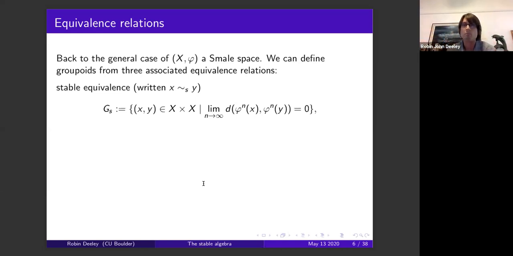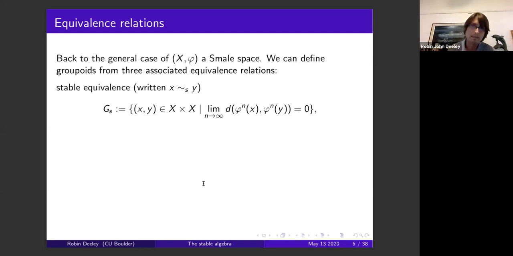Remember, the 1, 1, 1 point was a fixed point. So here we're just saying we take any 2 points, and if their forward orbits eventually get closer and closer and closer together, then we're going to say those points are stably equivalent.